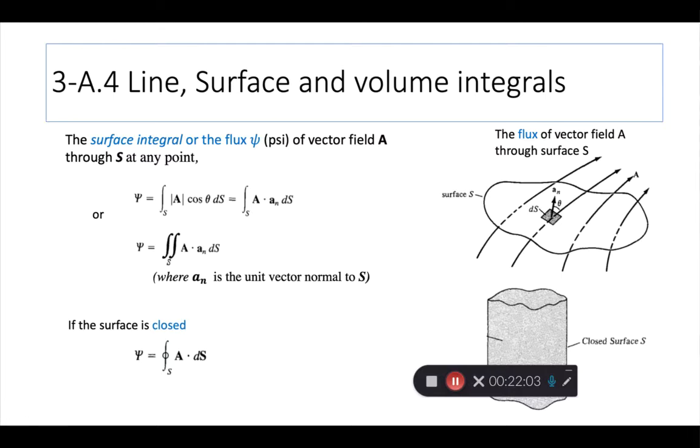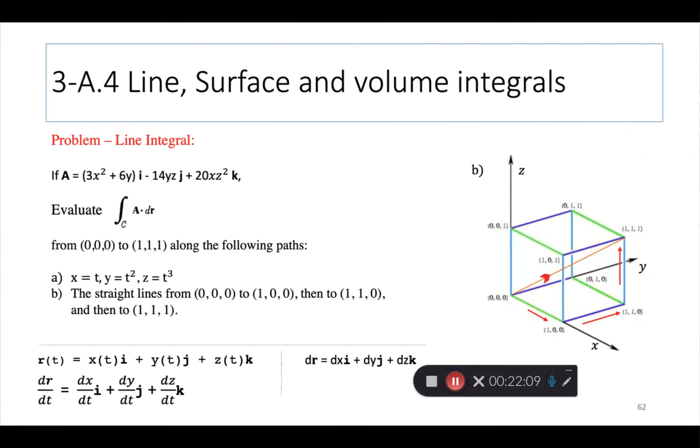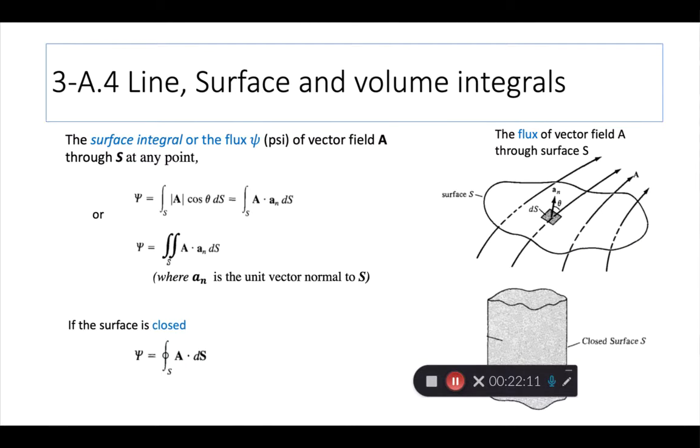And here I introduce you to the idea of, slide 63, the area integral or the surface integral. Okay. So the surface integral also is called the flux, and now you see that psi, which is the Greek letter psi shown like that.